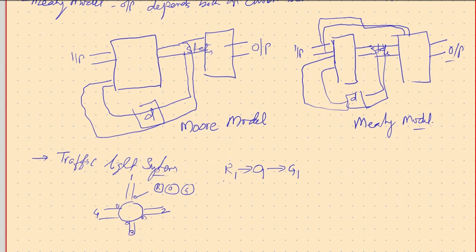And while all these things are happening, R2 is there, R3 is there, R4 is there, that means other lanes are closed.